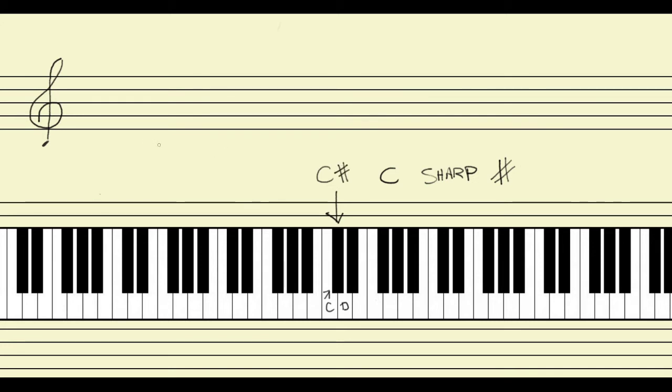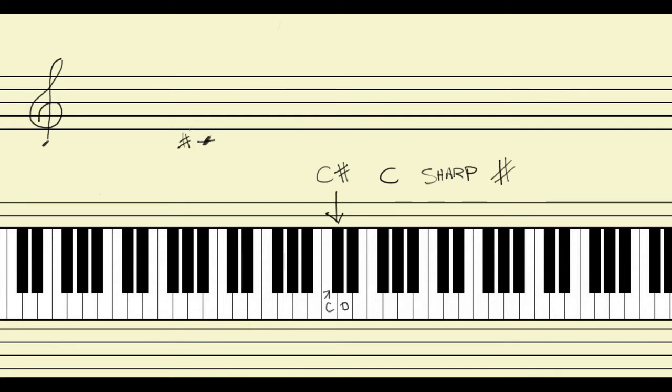And if I were to write it up here, let me write the note head for C right here. What I'm going to do is put that sharp symbol just to the left of the note head.